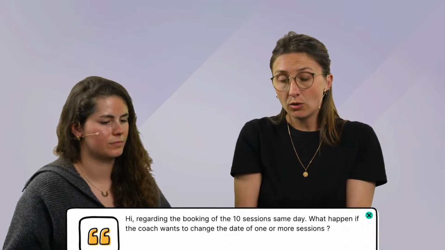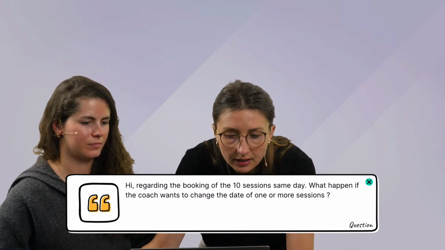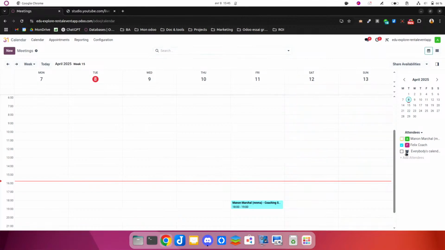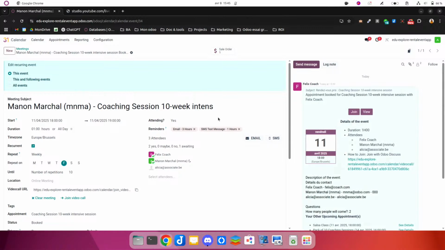So here, regarding the booking of 10 sessions on the same day, what happens if the coach wants to change the date of one or more sessions? Well, in this case, what you can do is just change the date. Go on the calendar app, go on the meeting. So here, I can just go in the calendar, and let's imagine this one you want to change the date of.